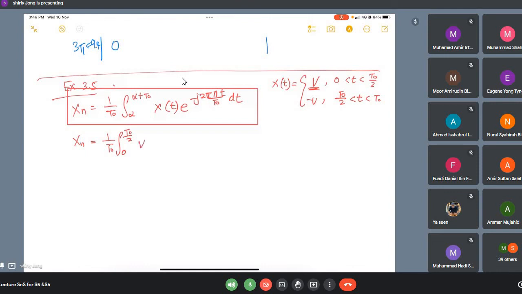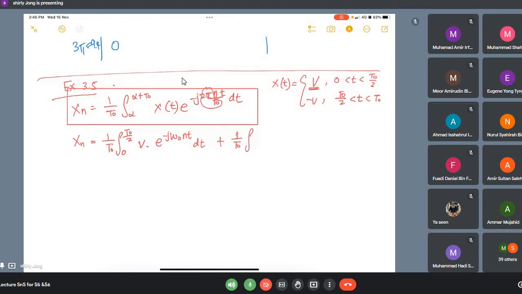Okay, signal x(t) is V, and then exponent minus j, this part 2 pi n over T naught, you can change to omega naught t, for easiness. And then another part is 1 over T naught.